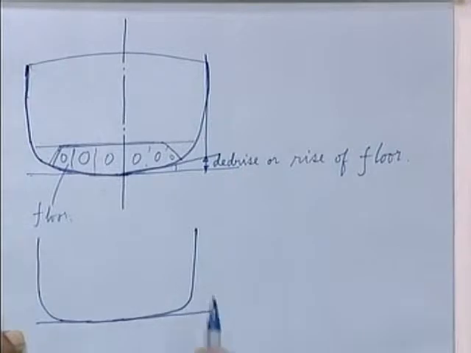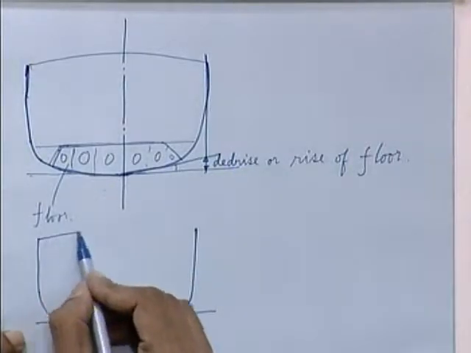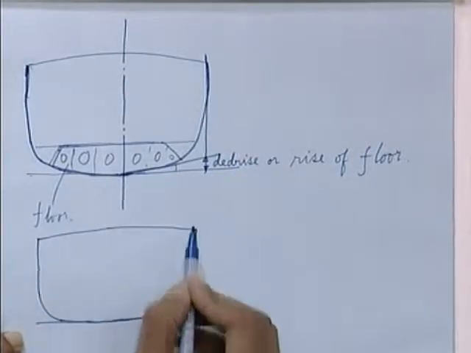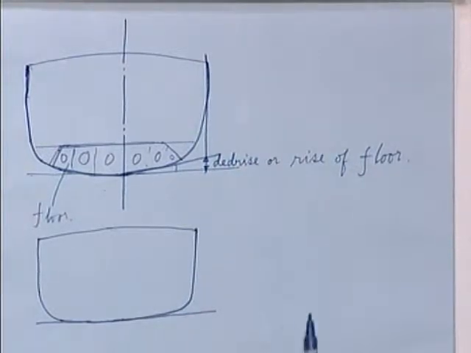Flat bottom vessels are easier to dock, but flat bottom vessels are very difficult to tow from what is called a grounded state, because there will be increased friction between the ground and the bottom shell.